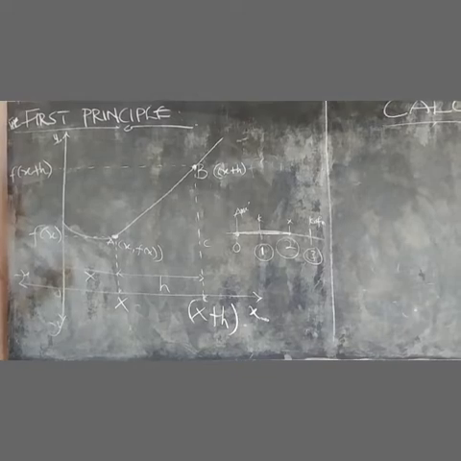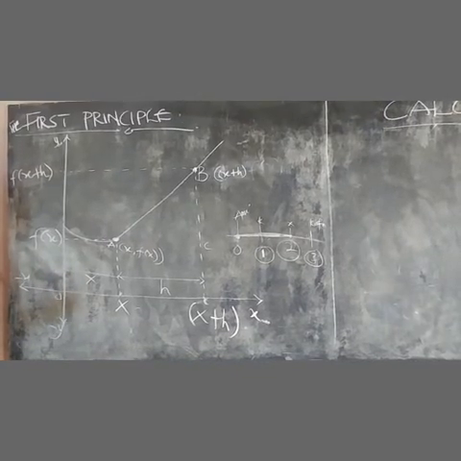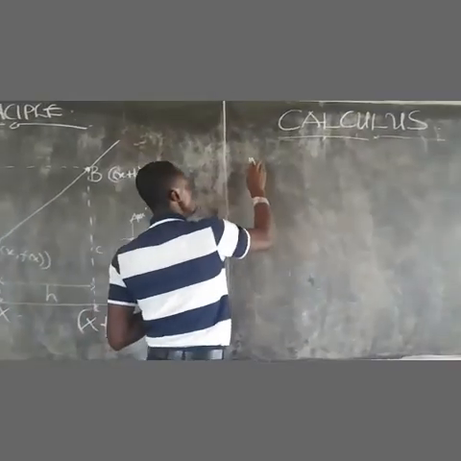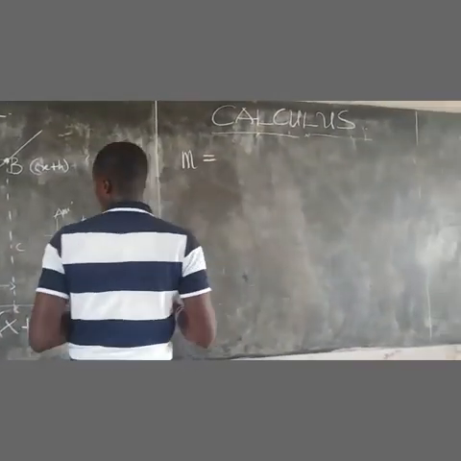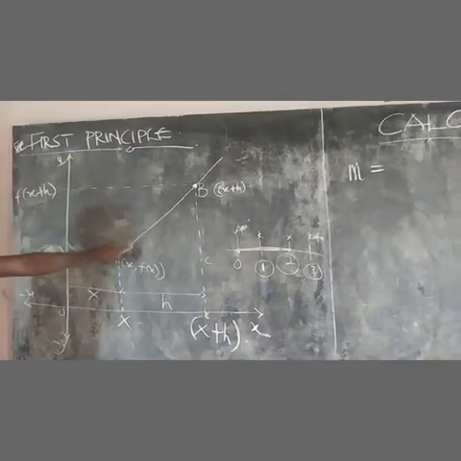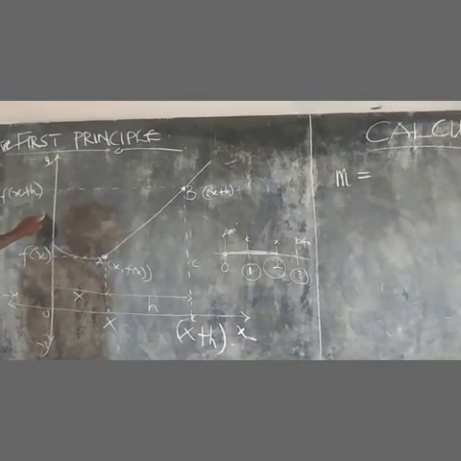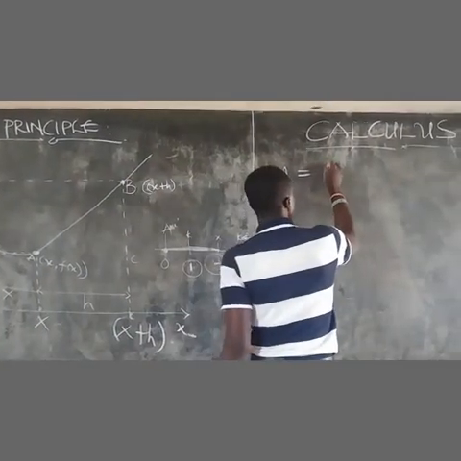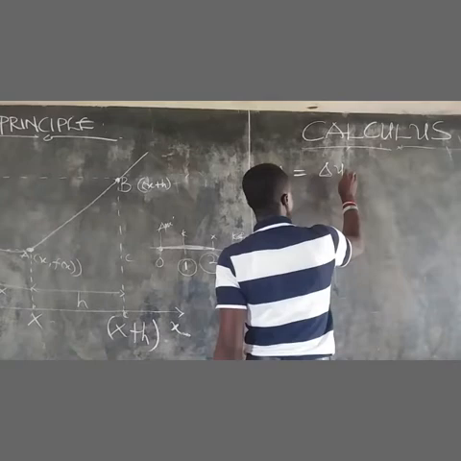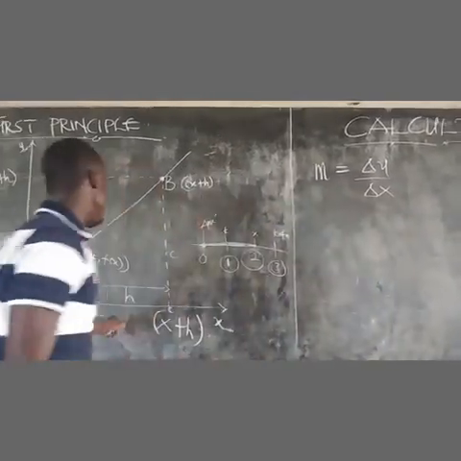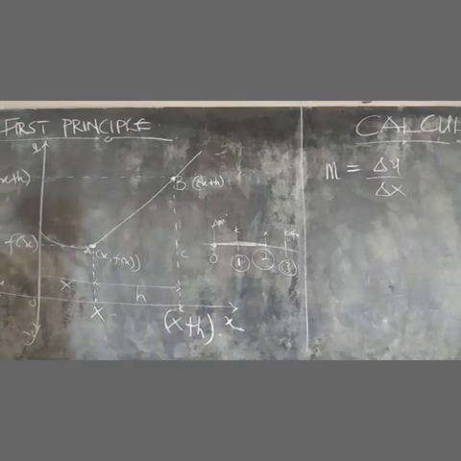That is for gradient. So let's apply the concept over here. We said that gradient m will be equal to the projection of this curve on the y axis, so let's say delta y over delta x.